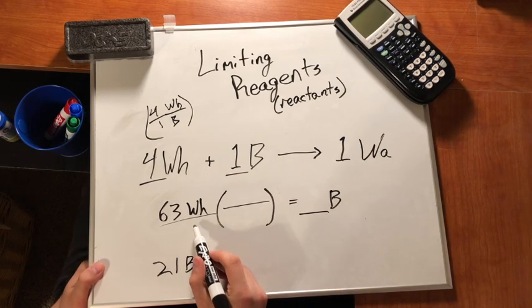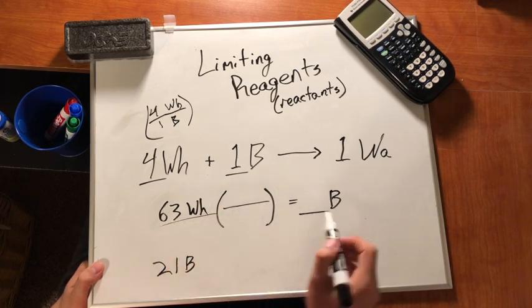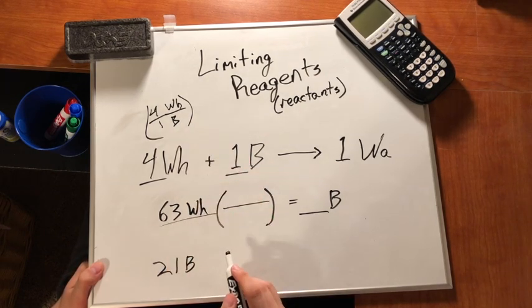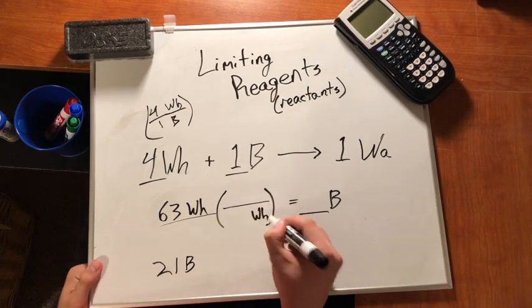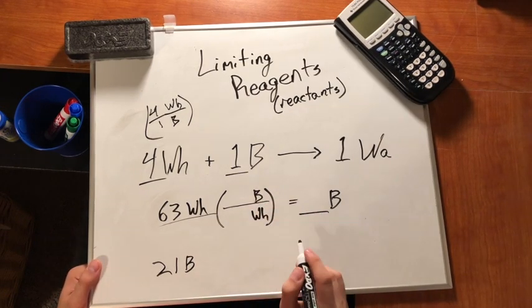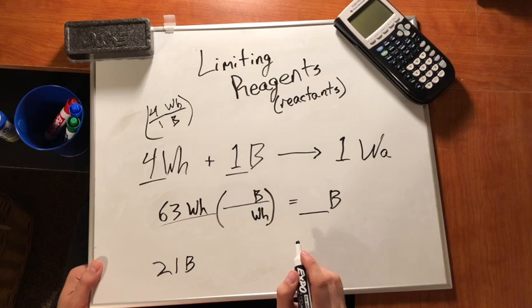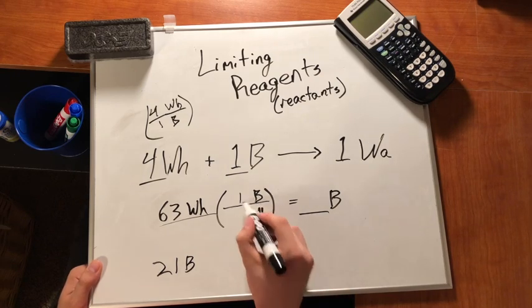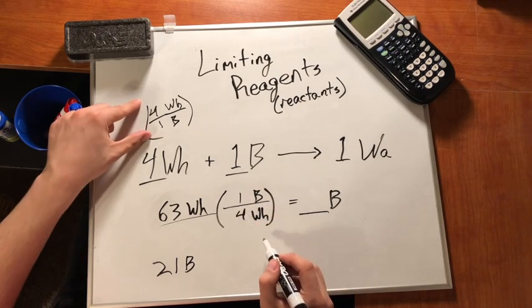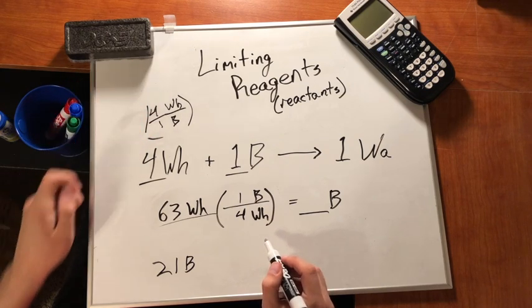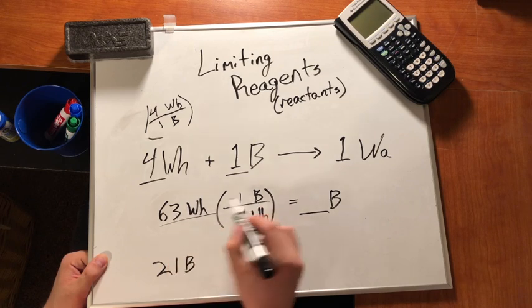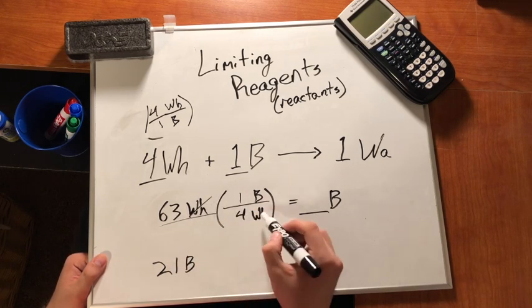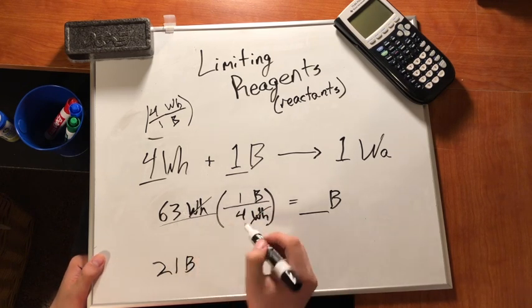Okay, so what I need to do is convert wheels to bodies, and I'm going to use my conversion factor. So if I'm going to do that, I can see that I want wheels to cancel, and I'm going to put bodies on top in order to do that. So I know my ratio is 1 to 4, right? I just take this one and flip it over, and then it becomes just a simple math equation of 63 divided by 4, right? My wheels cancel, and I've got 63 over 4.